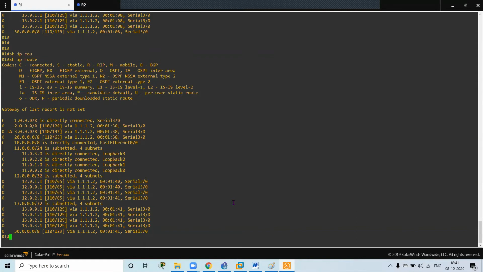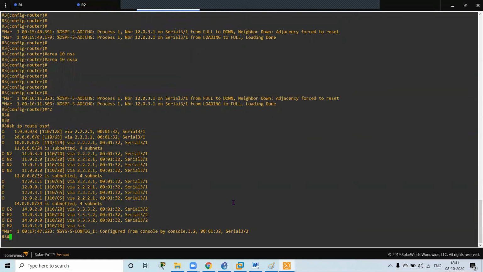Okay. No default route is coming on R1 and R2 as we have configured NSSA. By default, NSSA will not generate a default route. If we make any area an NSSA area, it will not generate a default route. On the output, if I go on R3, I can see the 14.network on the ABR router.